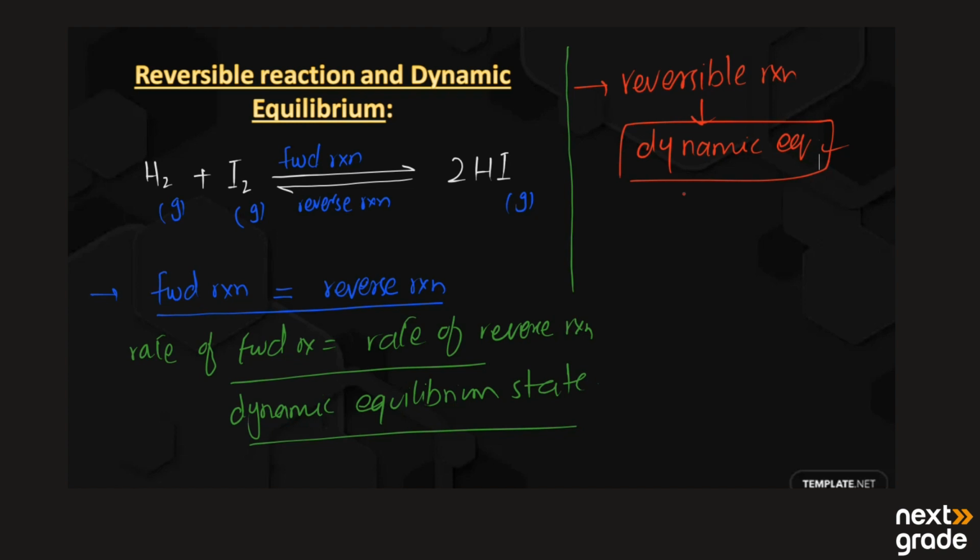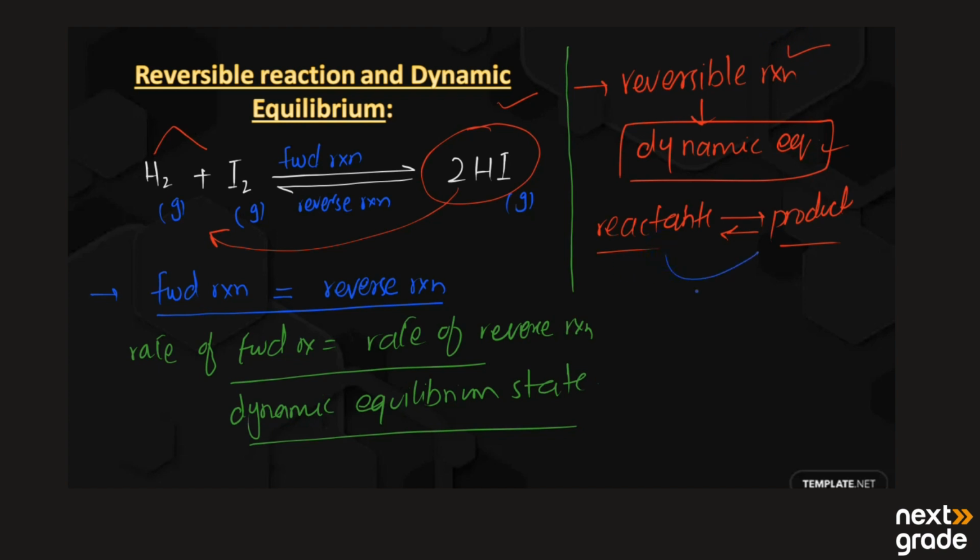So in this particular reaction, at the initial stage hydrogen and iodine combine, forming hydrogen iodide. After some time the hydrogen iodide starts to change into hydrogen and iodine. So this is a simple reversible reaction in which the reactants change into the products and the products change again into the reactants. The time when the rates of these two processes become equal is known as dynamic equilibrium.